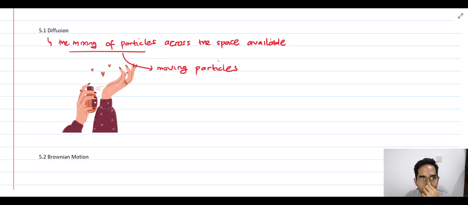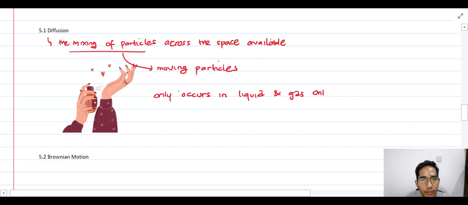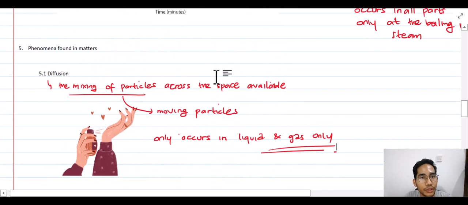It doesn't happen in solid because particles in solid stay in place or they don't move at all. Okay, got it? So it only occurs in liquid and gas. Yeah, that is diffusion.